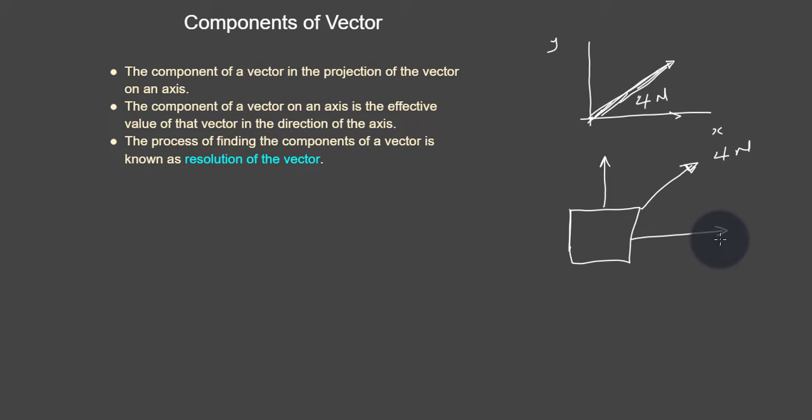It is basically the projection of a vector on an axis. So that's what it means. It's more or less like you reversing a resultant vector. So think about it this way. If I have two vectors and both vectors are on the horizontal axis, so let's say this is 2 Newton and this is 6 Newton, for instance.